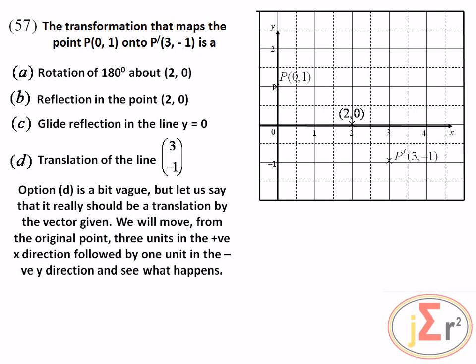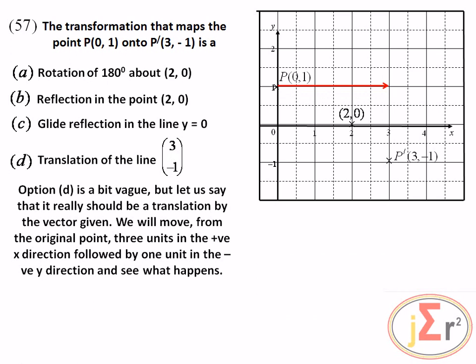So, we will move from the original point 3 units in the positive x direction, followed by 1 unit in the negative y direction. We will do that and see what happens. So we will translate by the vector. The vector is (3, -1), 3 units in the positive x direction.